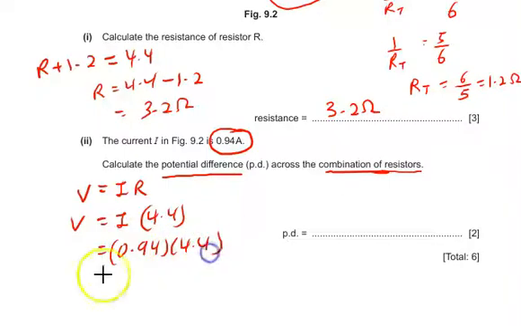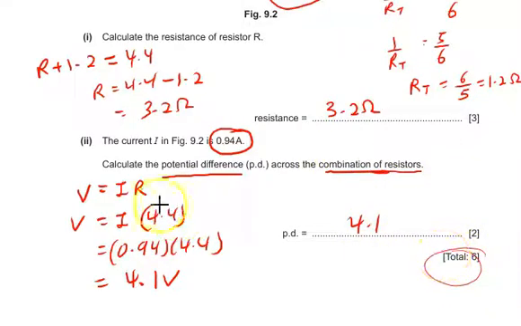Calculating both of these values, you will get about 4.1 volt. So that is your answer for this. Total marks for this question is 6 marks. We move on to the next one.